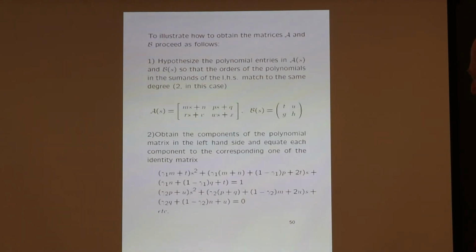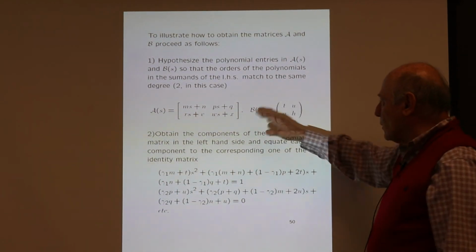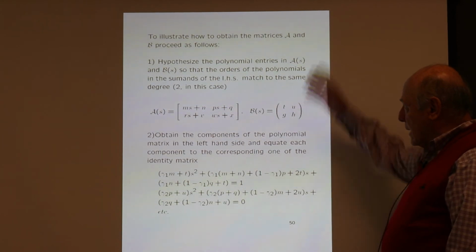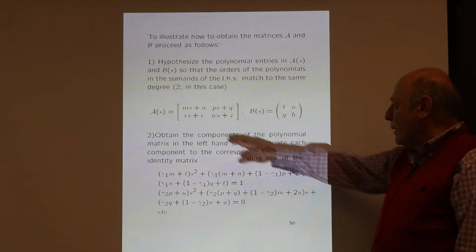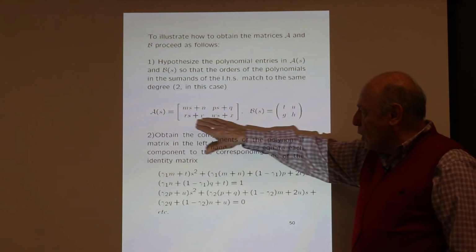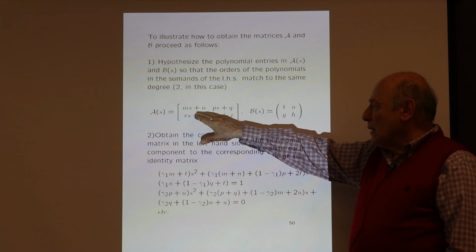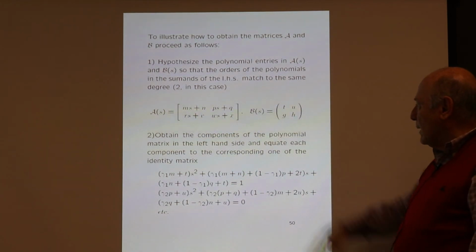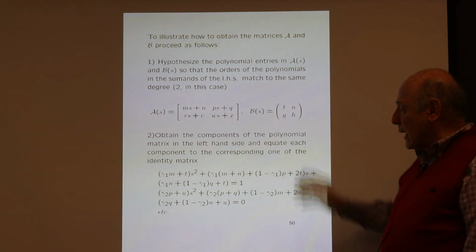So this is just to illustrate the difficulty in obtaining the matrices A and B that satisfy the right coprime factorization. So you have to put unknowns in all the elements of the matrix, and it's not easy to see what the order of those polynomials should be. And this matrix should be a constant, but that's a fortunate guess.